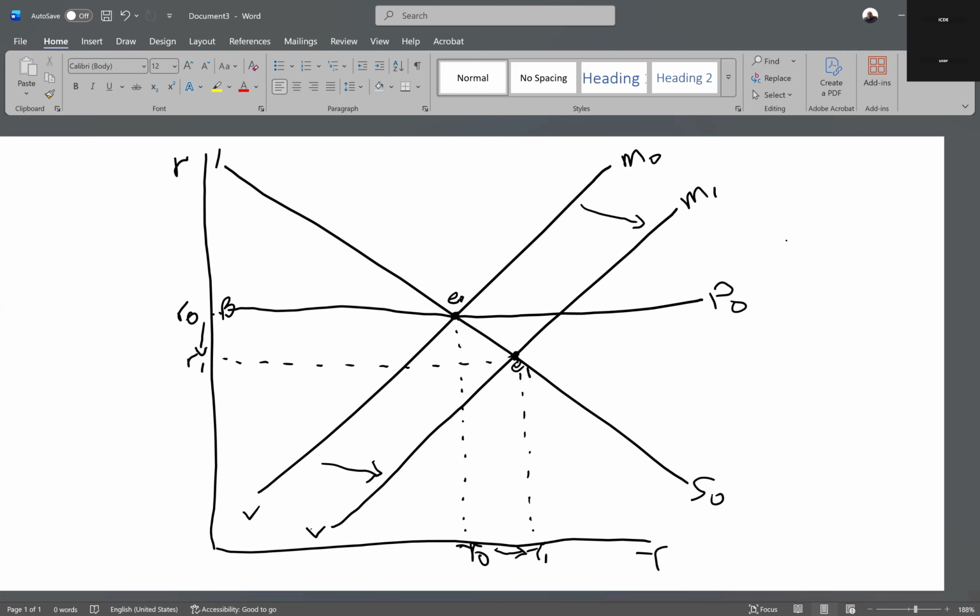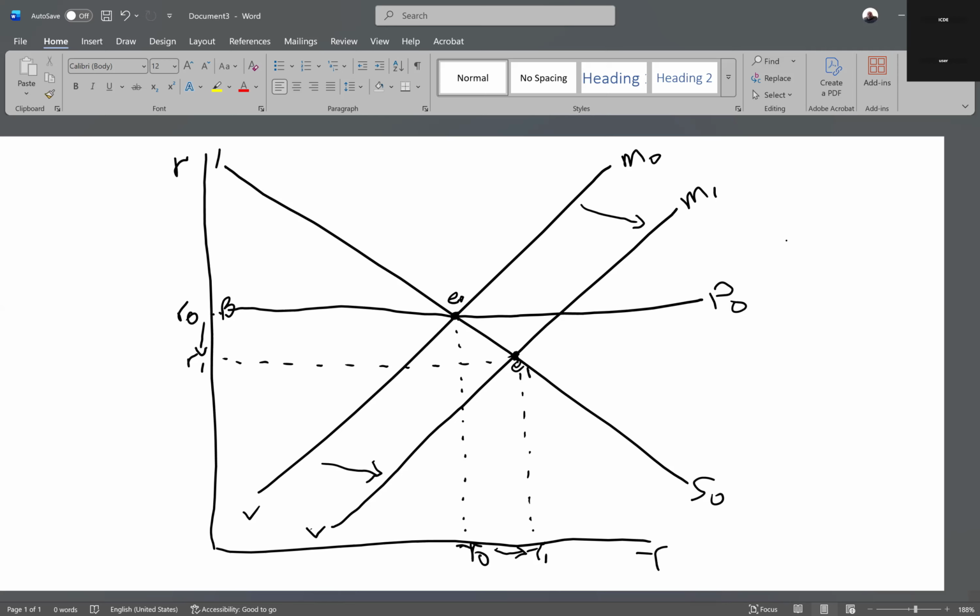Under fixed exchange rate regime, the government, through the central bank, will have to step in, isn't it? Yes. So balance of payment deficit means there is shortage of what? Foreign exchange, isn't it? Yes, that's the excess demand for foreign exchange.